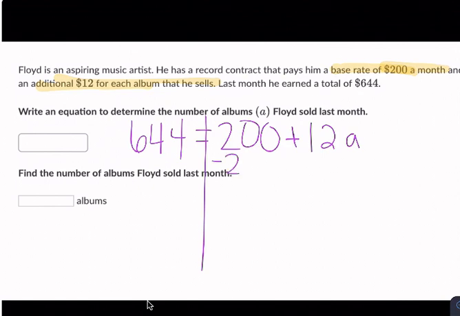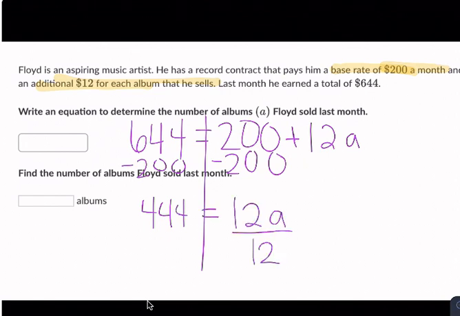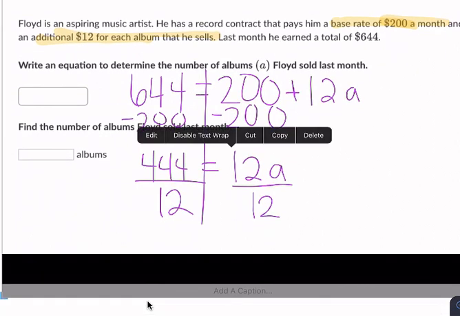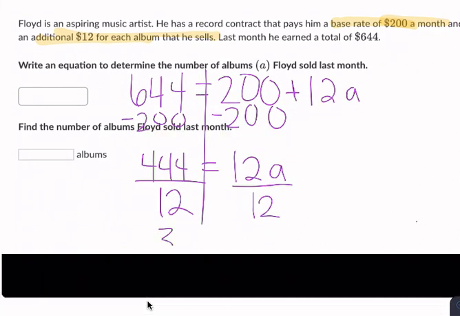I want to get a alone, so I'm going to subtract 200 from each side. I get 444 equals 12a. I'm going to divide both sides by 12, and I get 37 is equal to A. So he sold 37 albums.